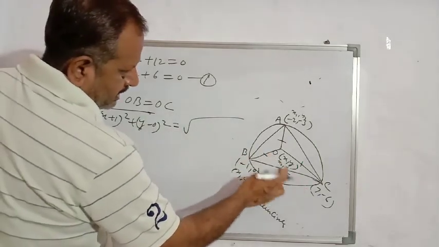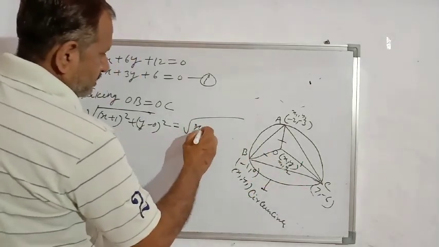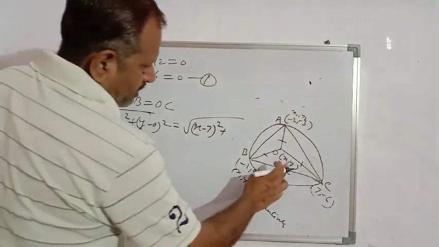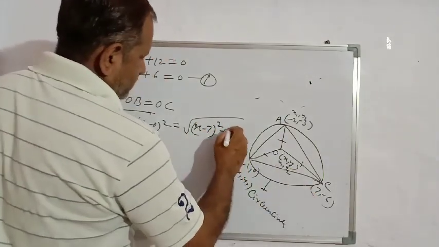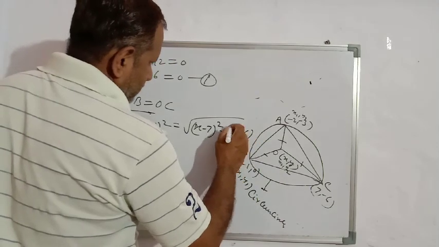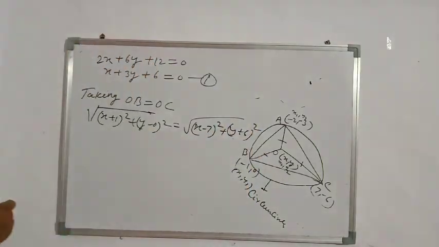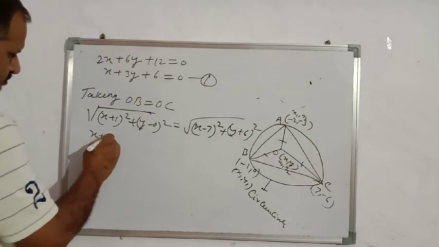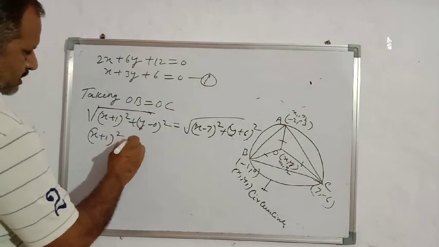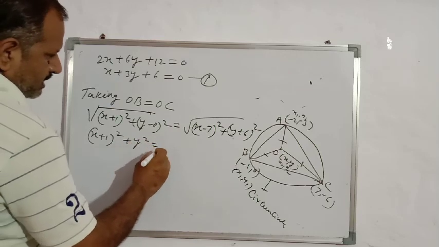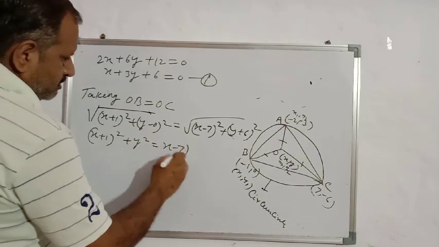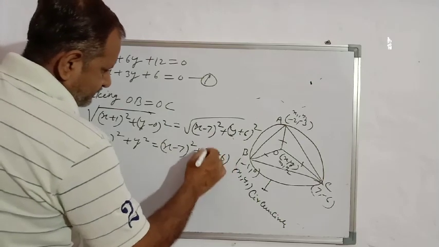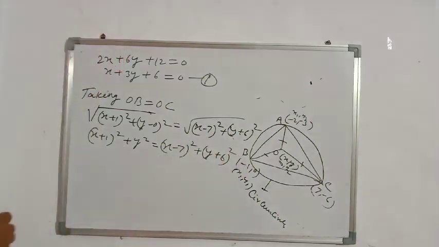OC is x minus 7 whole square plus y minus minus 6, so y plus 6 whole square. Again squaring on both sides, x plus 1 square plus y square is equal to x minus 7 square plus y plus 6 square.